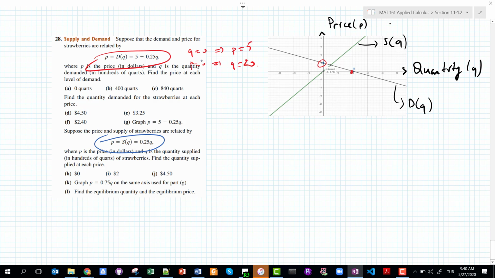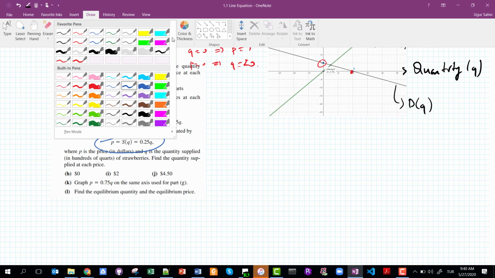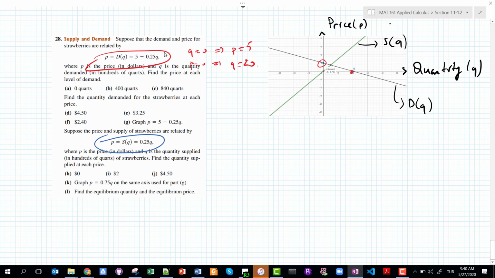What I would like to do is produce some values for different quantities, and then determine the price for the demand. What price should I pay to buy that commodity if this quantity is in the market? Look at the demand part.